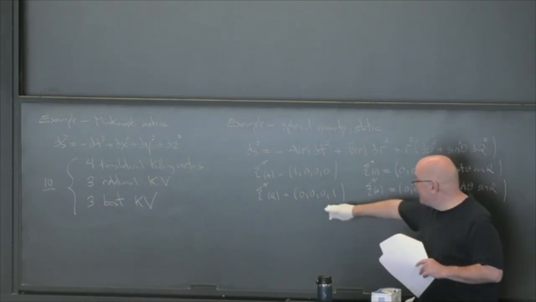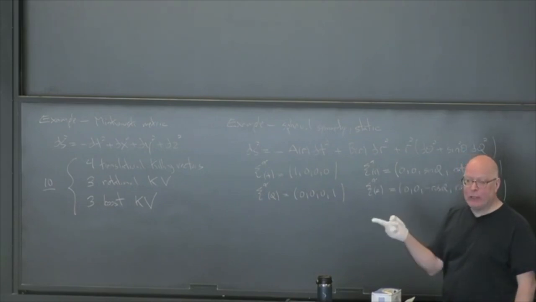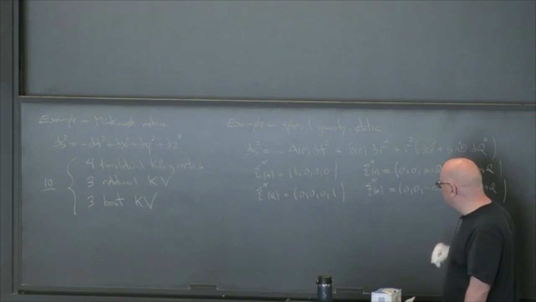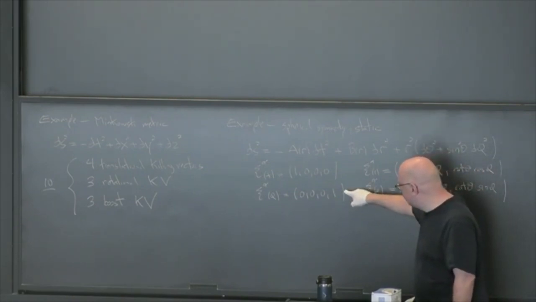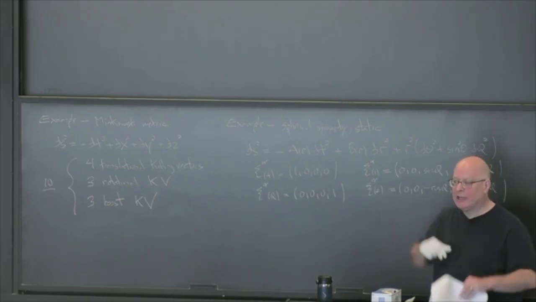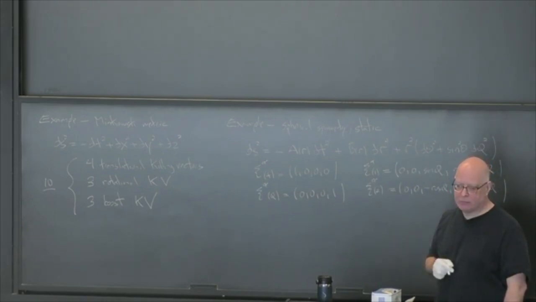So if we only had this vector, we would have axisymmetry. But because we have the full spherical symmetry, we have three killing vectors that reflect this invariance under rotations in any direction.